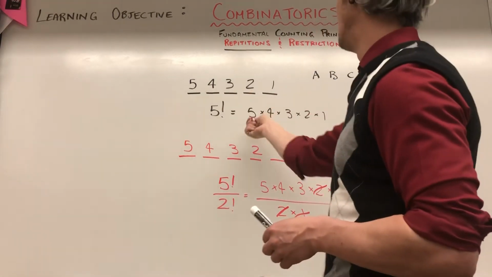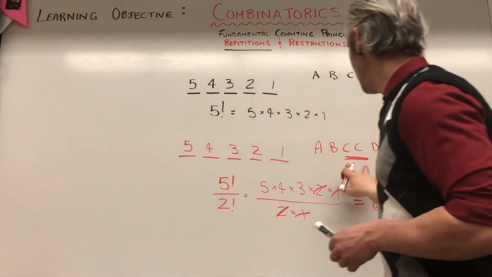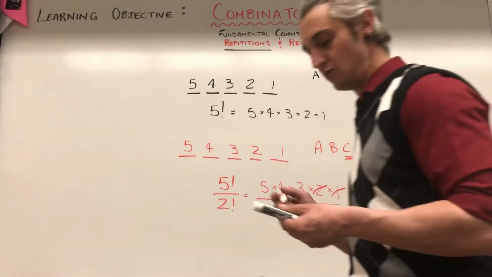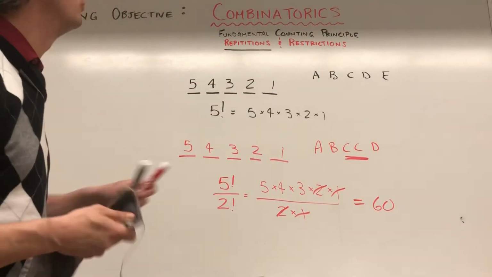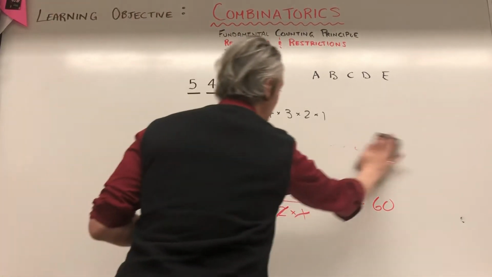Versus up here, it was 120. So as soon as I add 2 of the same object, I can only arrange them half as many unique ways. Let's do one slightly more difficult one, and then we're going to move on to restrictions, which is a little more involved.